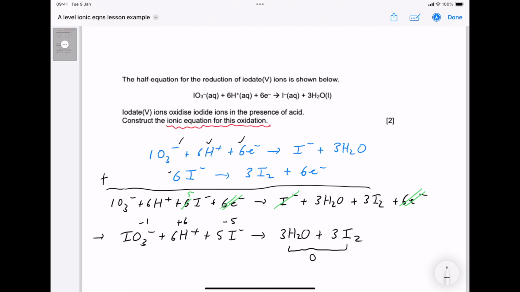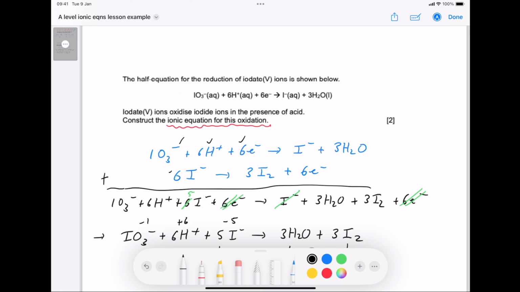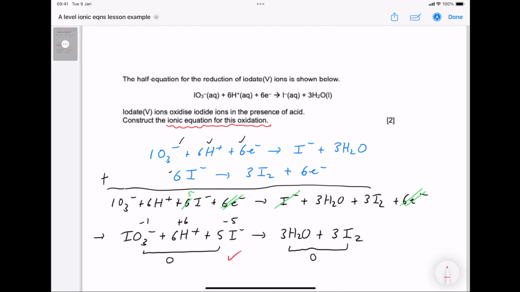Well, negative 1 plus negative 5 is negative 6. Negative 6 plus 6 is also 0. So I know that the charges are balanced. And then the atoms: 6 iodines on the right, 6 on the left, 6 hydrogens on the right, 6 on the left, and then 3 oxygens. So the atoms are balanced as well.